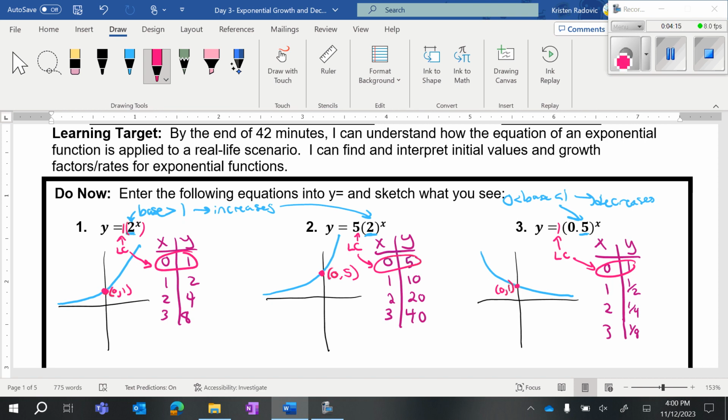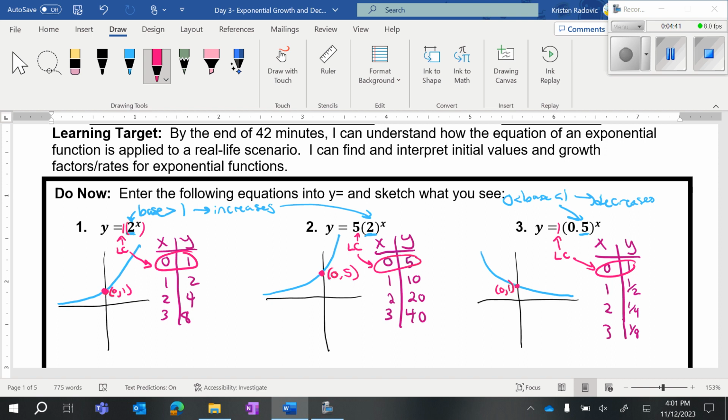The reason for that is anything to the 0 power is 1, but if you have a leading coefficient in front, it's going to multiply that 1 in the middle case to be 5. So we look at our base to figure out if we're going up or down, increasing or decreasing, but we look at the leading coefficient to know what our initial value is, that y-intercept.